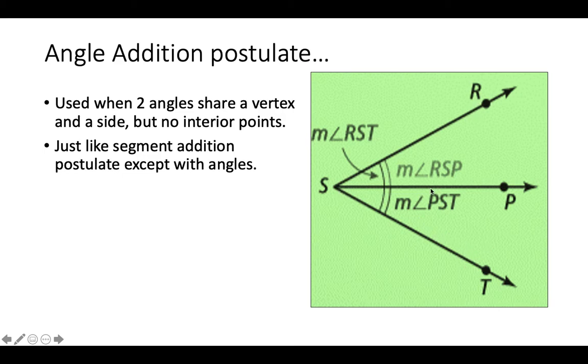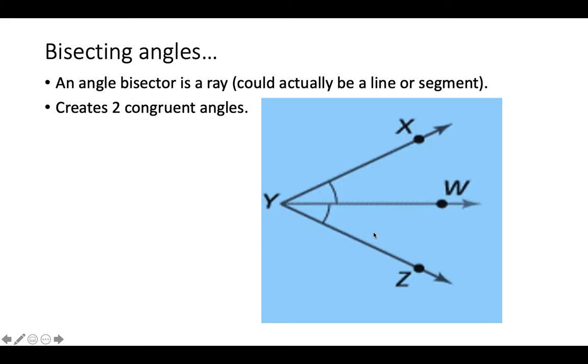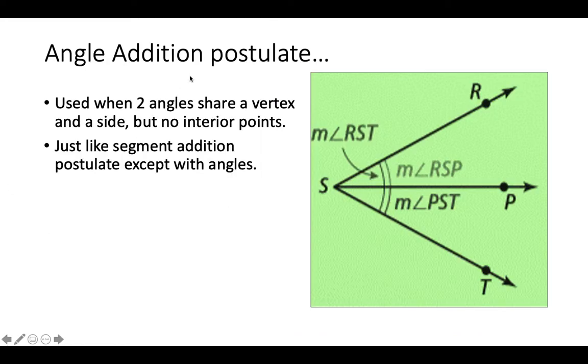Rewind it and watch it again if you need to. But the measure of angle RSP, that's what the M stands for, is measure. The measure of RSP added to the measure of angle PST is going to give you the measure of the angle RST, this whole big thing. Okay, and that's angle addition postulate in a nutshell.